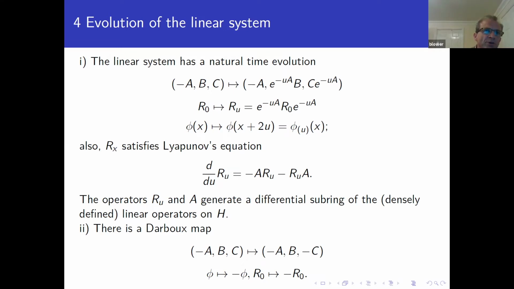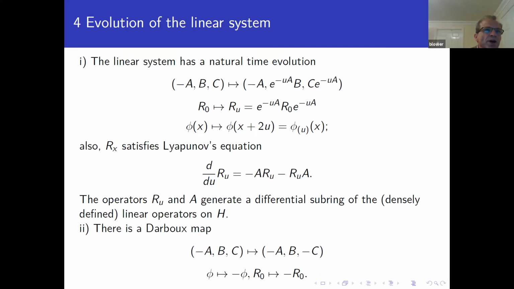So this Lyapunov equation appears in a slightly different form elsewhere in the literature. Sometimes it appears with adjoints, but in this formulation here, I don't have any adjoints. The actions on the left and right are symmetrical.